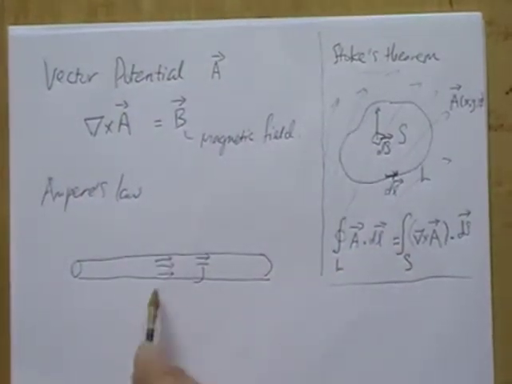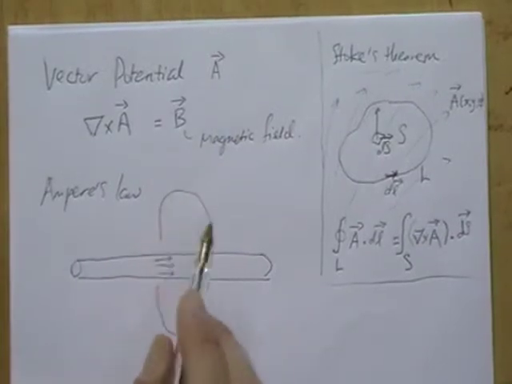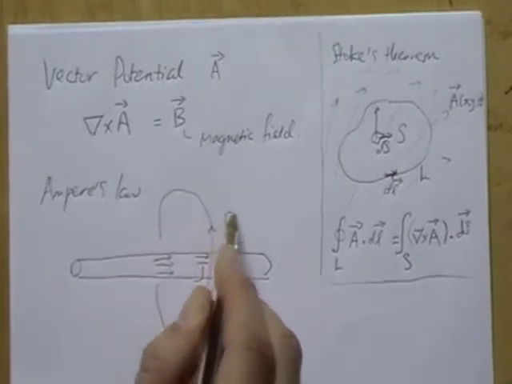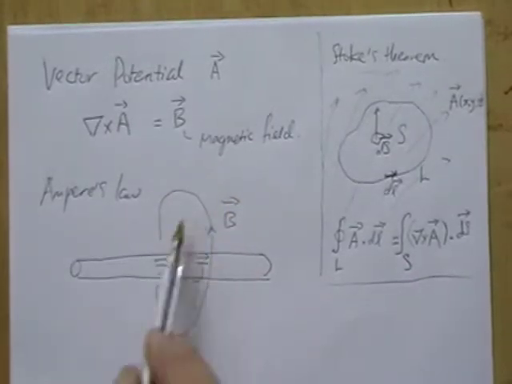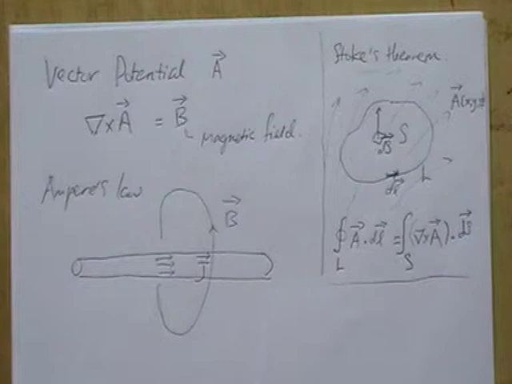So the magnetic field goes around like this, lots and lots of concentric circles around the wire.